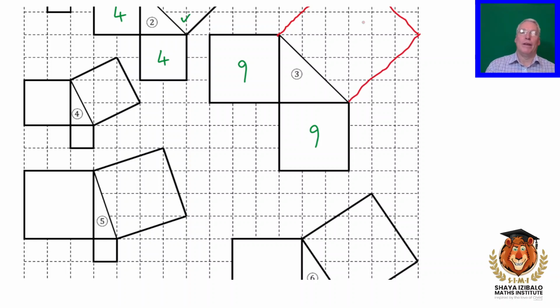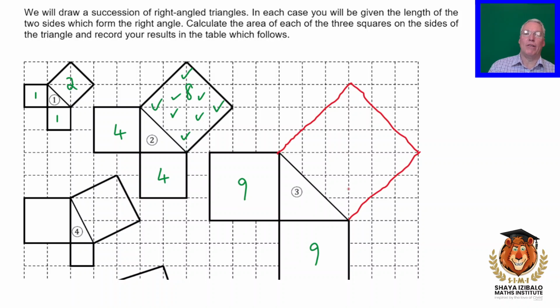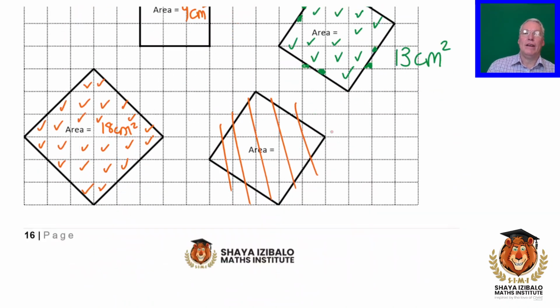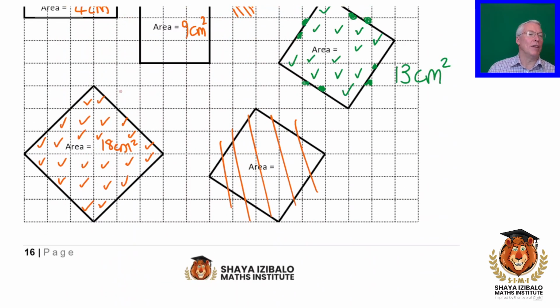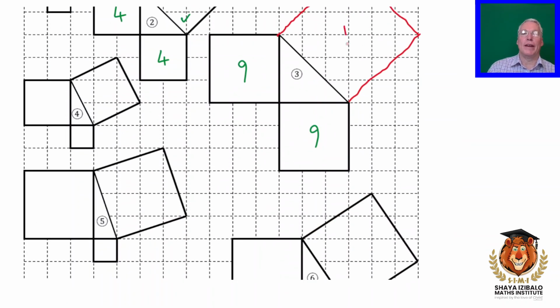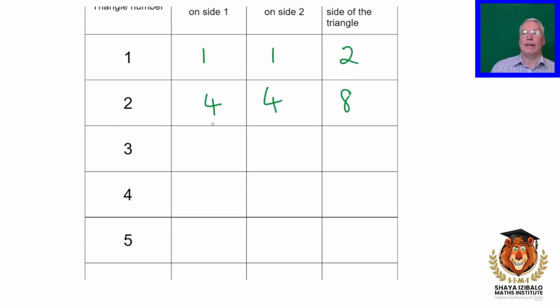If we count these up very carefully, you'll see that we actually get 18, and the reason I know is because that's exactly like the square that we did over here, on page 16. So this is 18. So number 3 is 9, 9, 18.